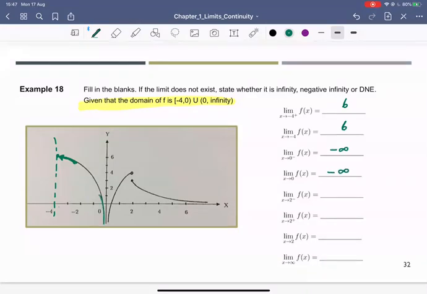Because both left hand limit and right hand limit just go to negative infinity. And then x goes to 2, so this is easy. So 3, 4, and does not exist. And then the last one, limit as x goes to plus infinity. This is 0.